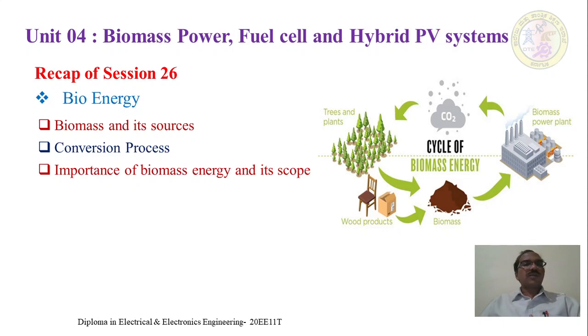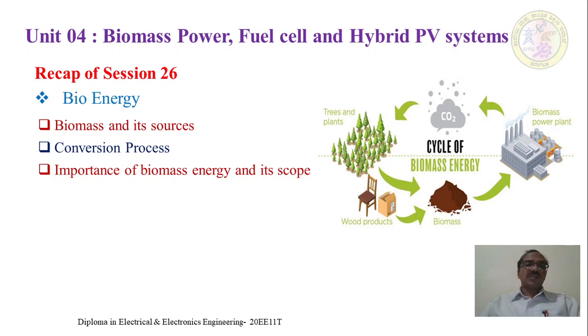And also we have seen what is the importance of biomass energy and what is its scope. In that we discussed how this biomass is very important for us, because of the plentiful availability of biomass sources, and the lot of MSW that has been collected and the sewage waste which should be reduced. So one method for reducing them is the conversion of this biomass into electrical energy.